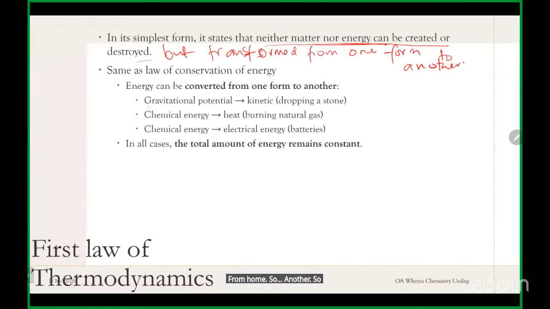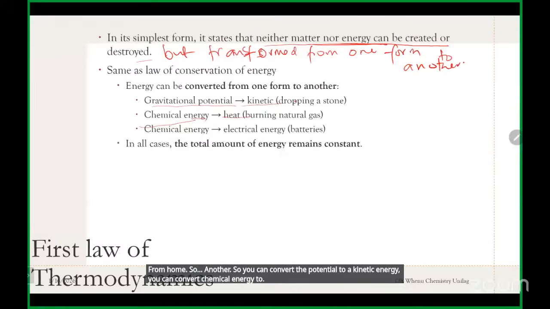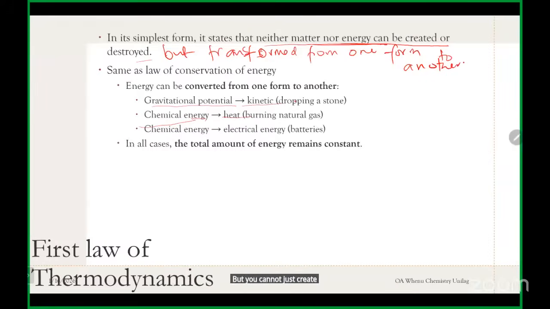So you can convert potential to kinetic energy, you can convert chemical energy to heat, but you cannot just create energy like that. In all these cases, converting kinetic energy to gravitational potential, chemical to heat, the total amount of energy remains constant.